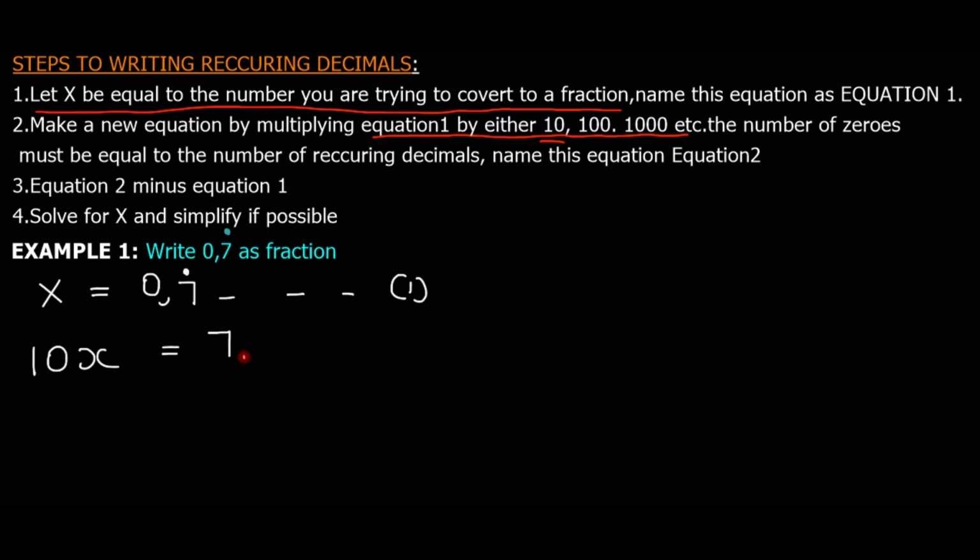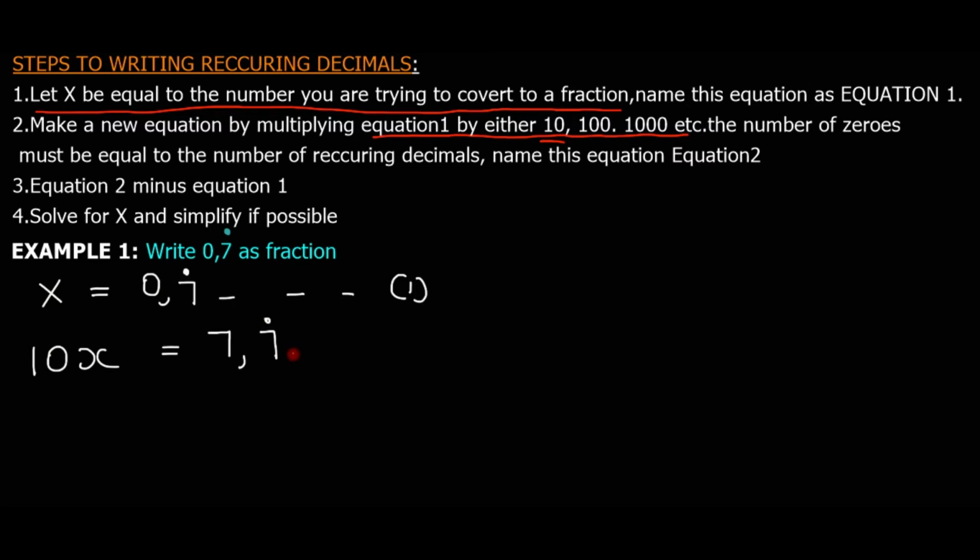But because this is a recurring decimal, we write 7.7 recurring. This is not like 0.7, because this is 0.7 recurring. So when you do 10 times 0.7 on the calculator it will give you 7, but you have to put a comma 7 to show that this is recurring.